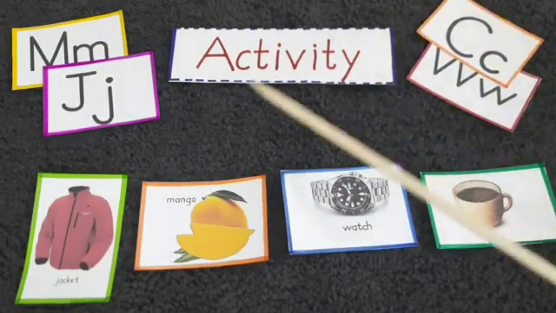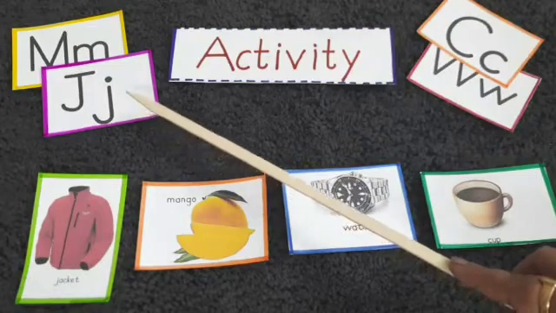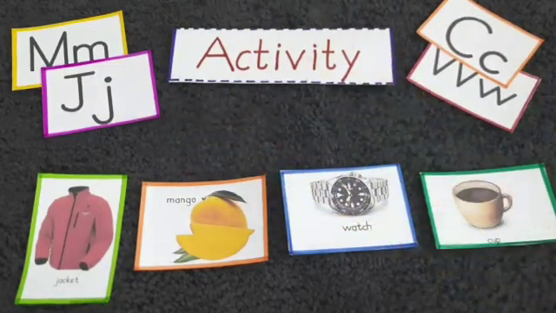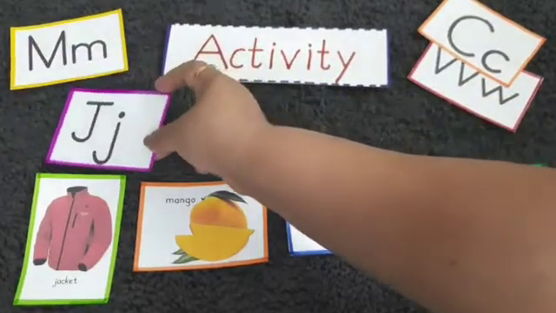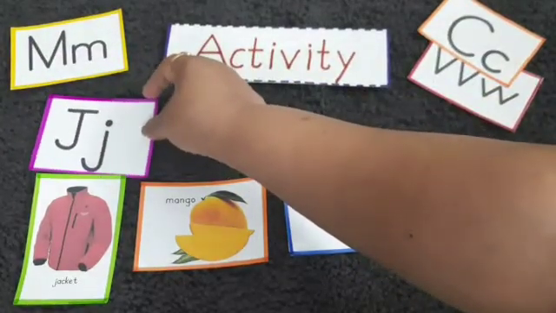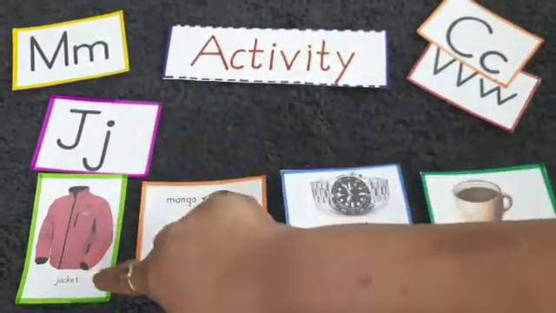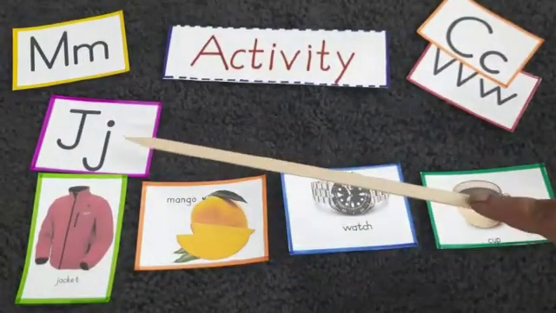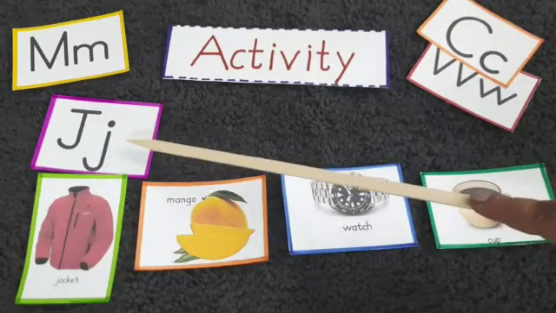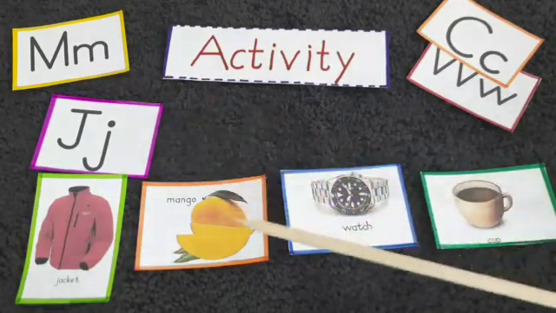No. J for jacket? Yes. So, we will take this flashcard and place it above the jacket. J for jacket. और मुझे चलो J का साउंड बताओ. J says J. Right.